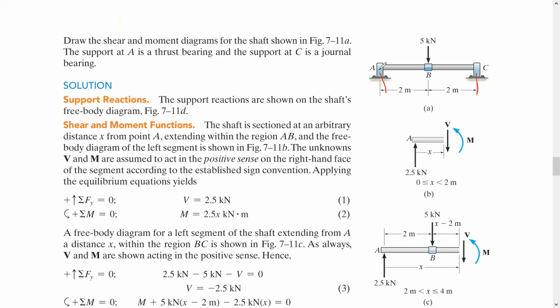Because if we assume x starts from here, x is a value between 0 to L, which is 4 meters. It might be here, it might be here. But at this point we have to take two sections. The first section here and the second section here.